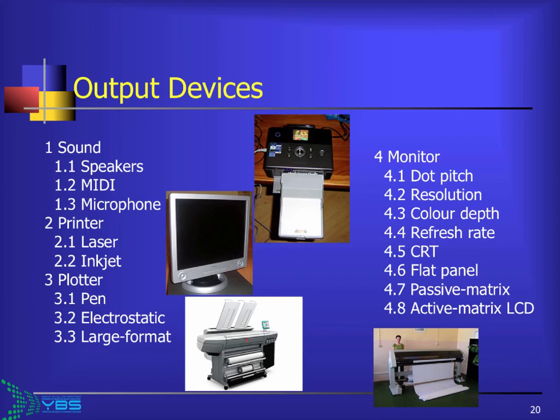Let's talk about the pen. Plotters print their output by moving a pen across the surface of the paper. This means that plotters are restricted to line art rather than raster graphics as with other printers.